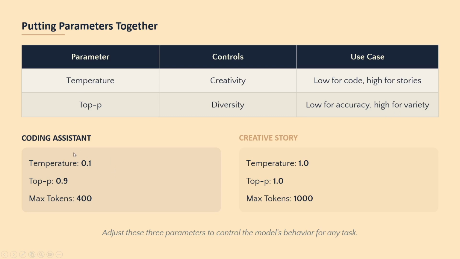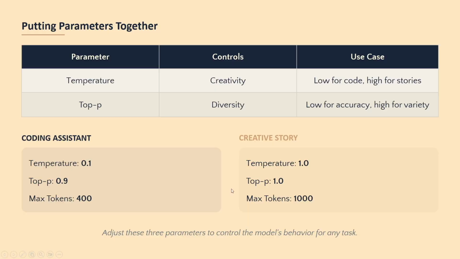So, here is an example where for a coding assistant the temperature is 0.1, top P is 0.9, and maximum tokens we will be giving as 400, because the coding is finite. Whereas for a creative story, this is a use case where the temperature is 1, so that the generated text will be more, and sometimes there can be hallucination too, and that need not be worried about in the case of story generation.